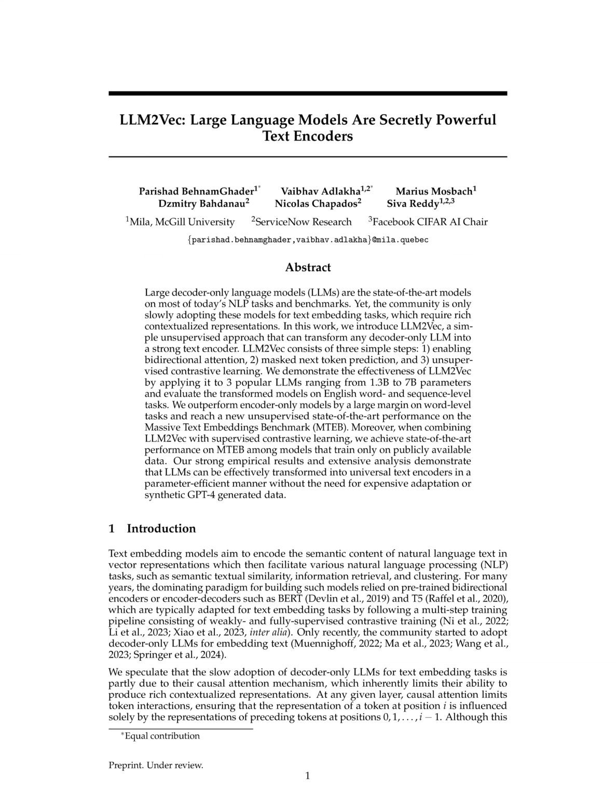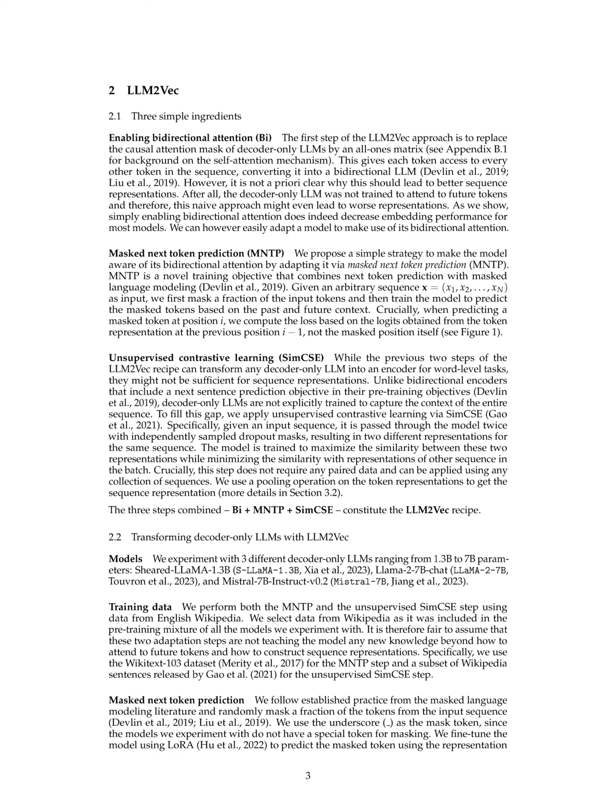By applying unsupervised contrastive learning via CSSSE, the model is trained to maximize the similarity between two independently sampled representations of the same sequence, while minimizing the similarity with representations of other sequences in the batch. This step ensures that the model can capture the context of the entire sequence and not just individual tokens, making it more suitable for sequence-level tasks.